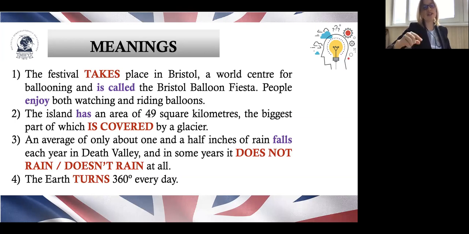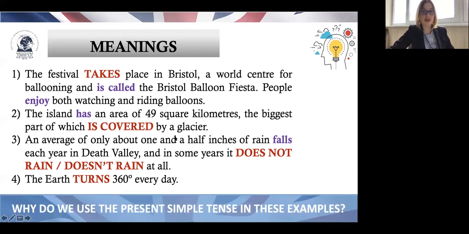Kind of a fact, but if it repeats every year, can we speak about, for example, the habitual action or routine? Yes, we can. If the action repeats regularly, daily, I would say annually, I mean every year, right? We can say that the action is habitual. So the first meaning is about habitual action.